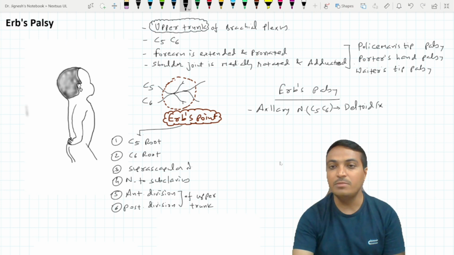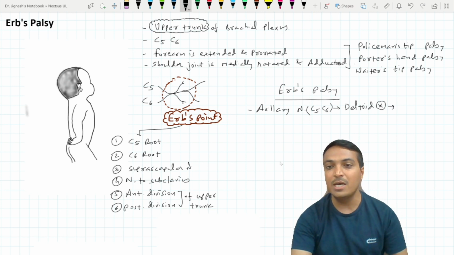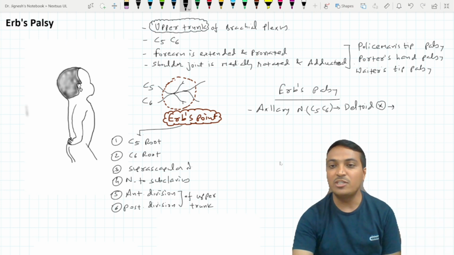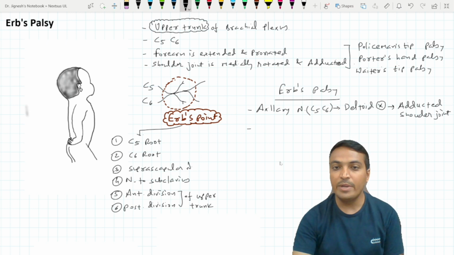With the affection of the deltoid muscle, the shoulder joint abduction is affected, and that's why the adducted shoulder joint is the symptom.